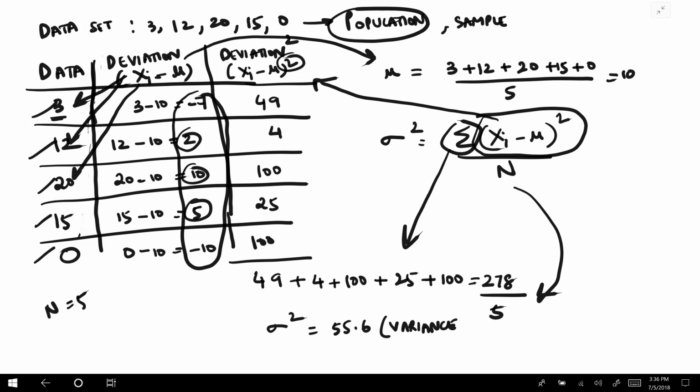And if we want to calculate the standard deviation, we have to do square root of variance, which is sigma. So square root of 55.6 would give us 7.45.